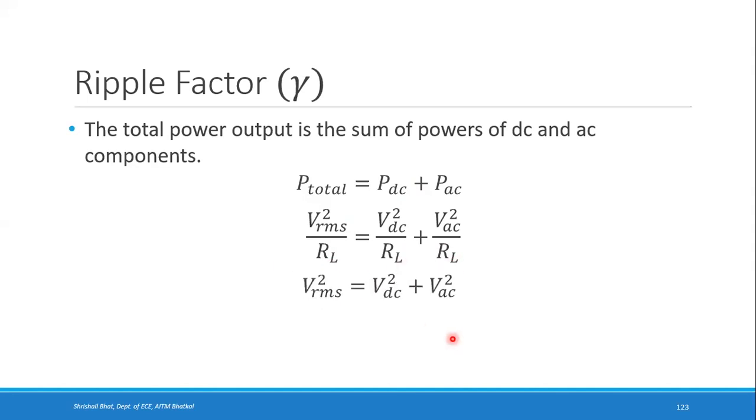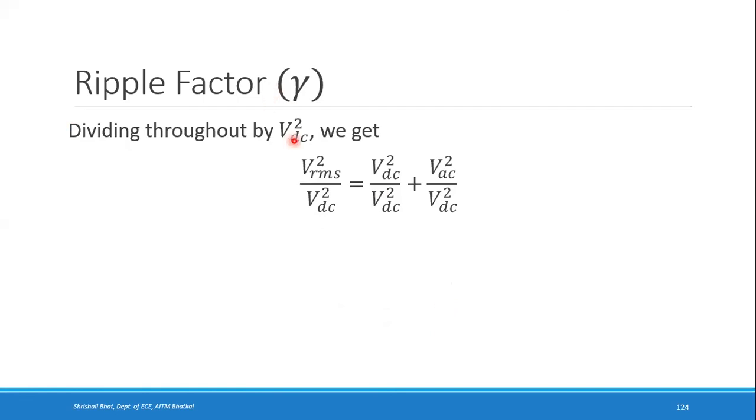Now, if we divide throughout by VDC square, what do we get? We get Vrms square by VDC square equal to VDC square by VDC square plus VAC square by VDC square. So Vrms by VDC the whole square is equal to 1 plus VAC by VDC the whole square, right?